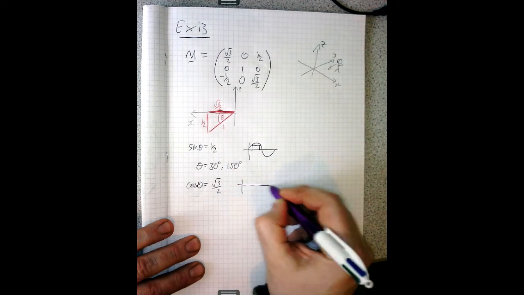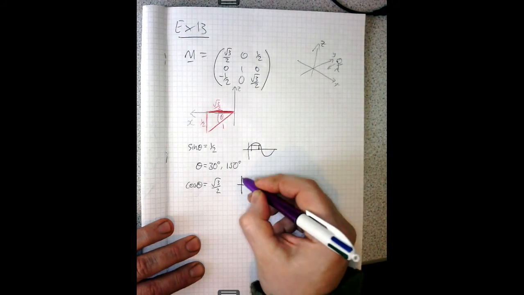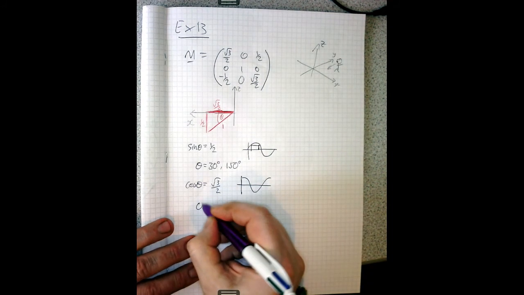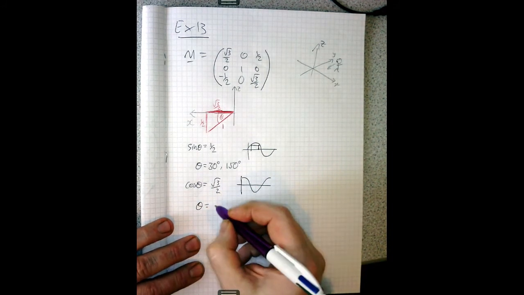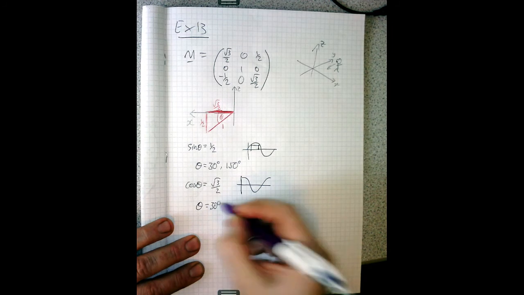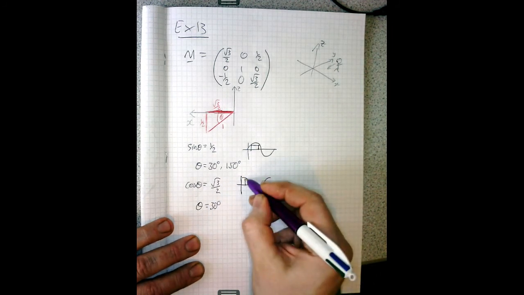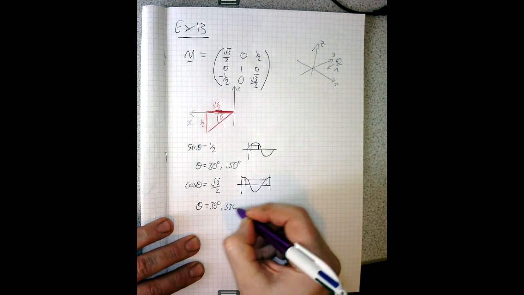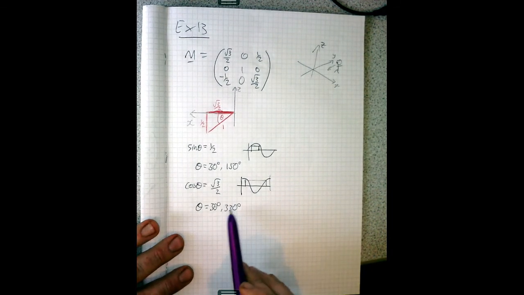Cos theta is root 3 over 2 over 1. And on a cos graph, so I do inverse cos. Well, I know that that's going to be 30 degrees.